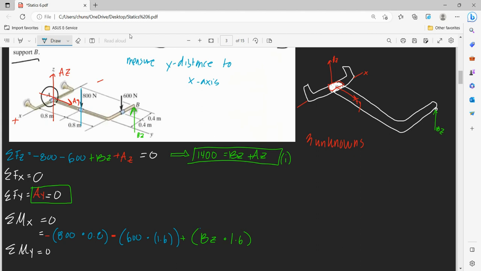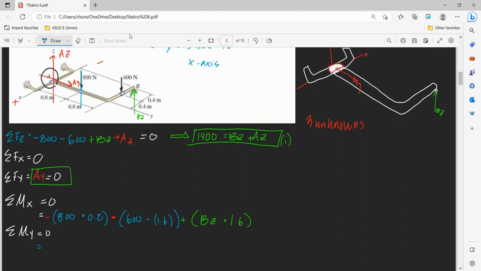So let's do that, and we're going to take the x distance that we need to get to our y-axis. So it's going to be this distance here. So this is 600 times 0.4 meters, and we'll add our signs later. And this is BZ, and how far is this? This is 0.8 meters from our y-axis.